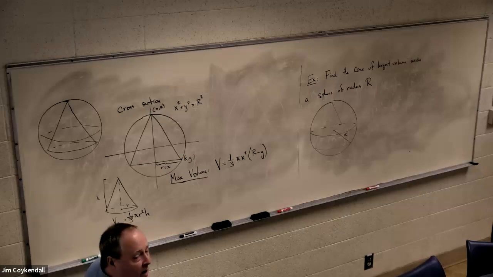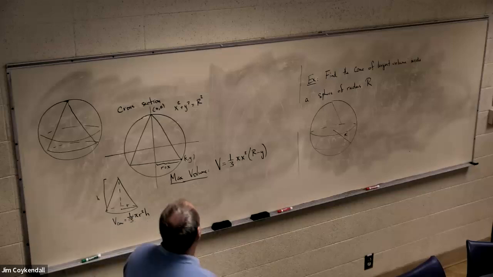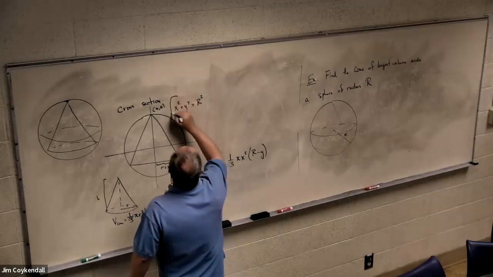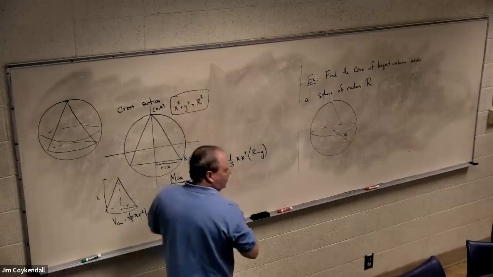Now, we've got our usual problem that almost always seems to show up here, and that is, shoot, too many variables. X can vary, Y can vary. I need something to relate them. And here, once again, I use the same equation to relate this.